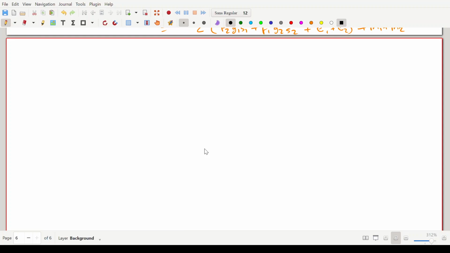Okay, but let us consider a situation where we have three ciphertexts, say C1, C2, C3.